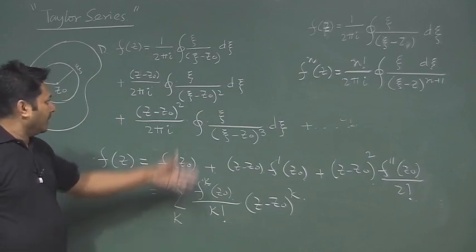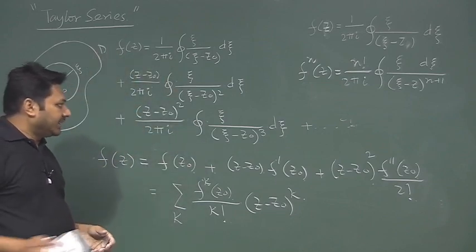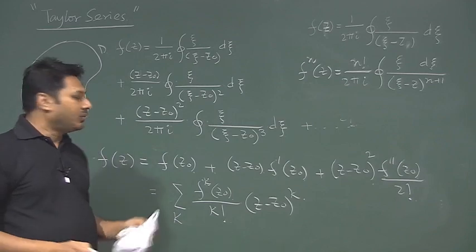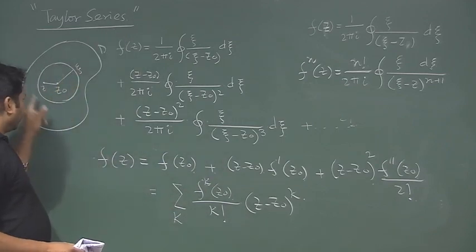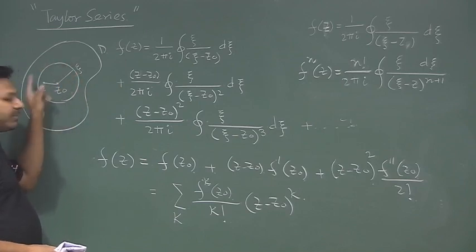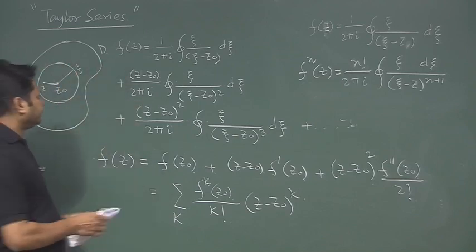So, we can know how to calculate the Taylor series, at least an idea of how this Taylor series is expanded, with the fact that if a region is given to me, I can expand my Taylor series in this way. Okay.